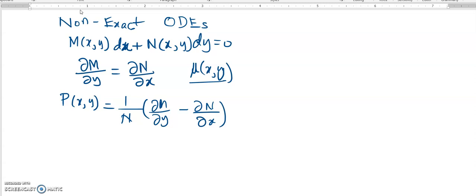That means you take the difference of these partial derivatives and divide by the function N, and if that expression is simple enough, then we can integrate it.